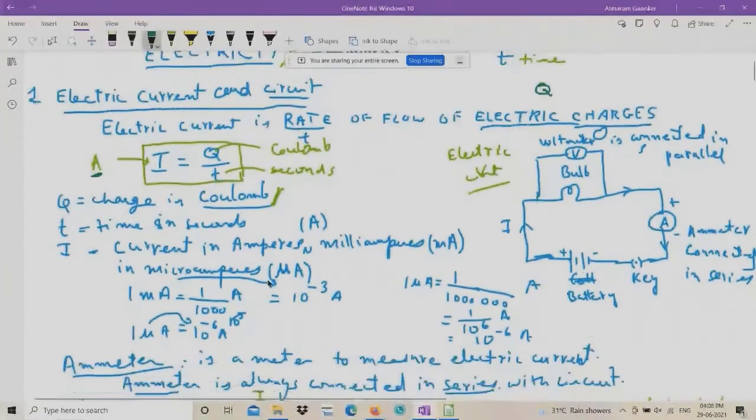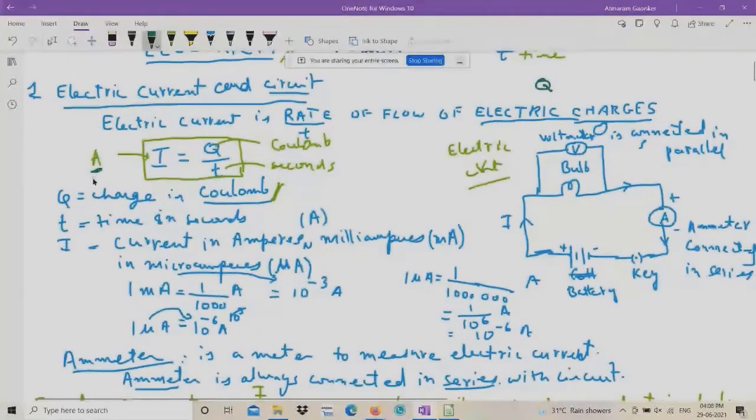And then, instead of ampere, you may be given current in milliampere or microampere. I actually should be in amperes, but sometimes it is given in milliamperes or microamperes. 1 milliampere is 1000th part of an ampere, that is 1 milliampere is equal to 10 raised to minus 3 amperes.